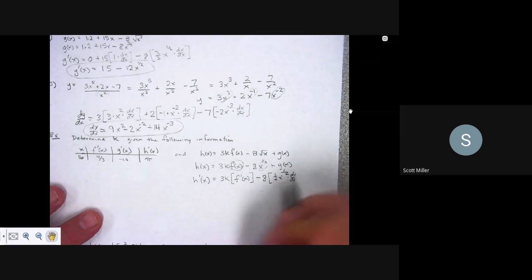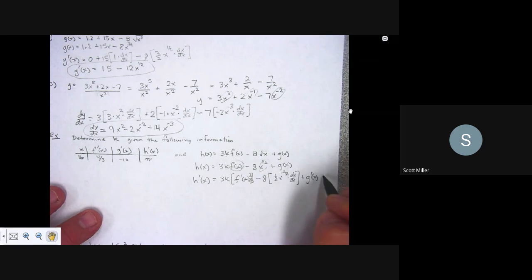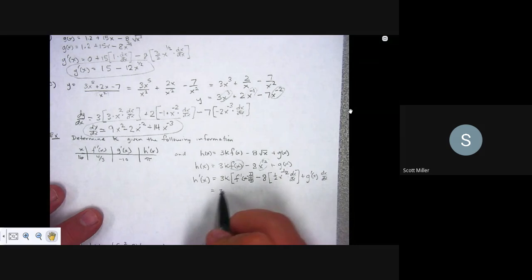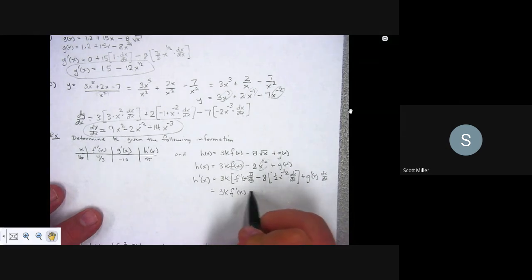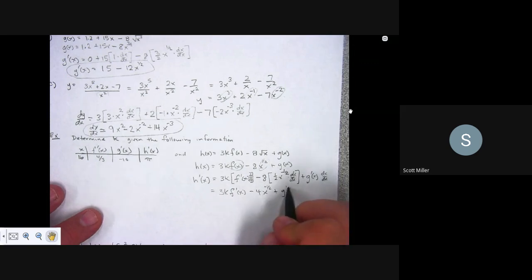Sorry, should have been a dx/dx in here too. Sorry, my fault. And then the last one is the derivative of that, which is g prime of x. And the variable was x, so we have a dx/dx again. So as I look at this, I have a 3k f prime of x minus 4x to the negative 1/2 plus g prime of x.